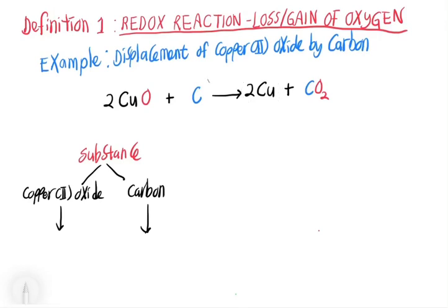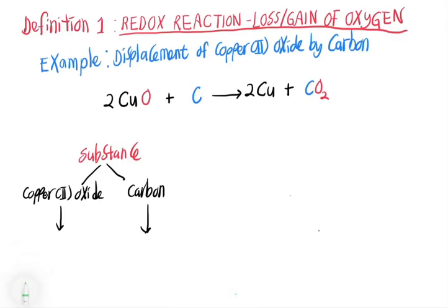On the other hand, carbon at the beginning of the reaction is without oxygen, and carbon becomes carbon dioxide at the end of the reaction by gaining oxygen. So we can see one substance loses oxygen and another substance gains oxygen.